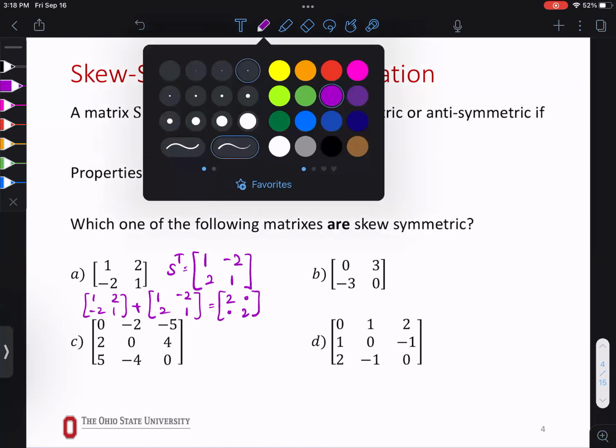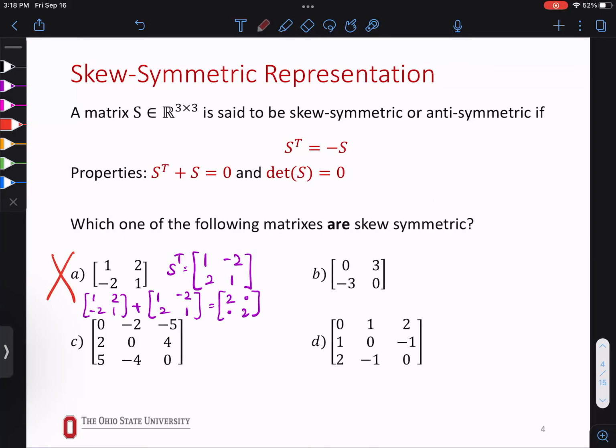So this is not. So for 2 by 3, you need to check that. For 3 by 3, you can check just whether S transpose is equal to negative S or not.